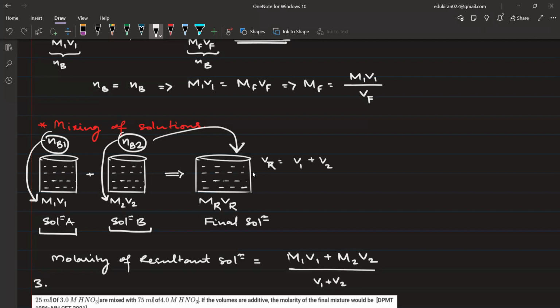M1V1 is the number of moles from the first solution, and M2V2 is the number of moles from solution B, the second solution. This is the total number of moles in the resultant solution. Then you divide by the total volume, V1 plus V2, and you get the molarity of the resultant solution.